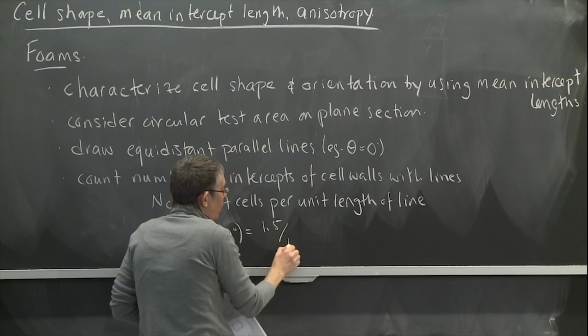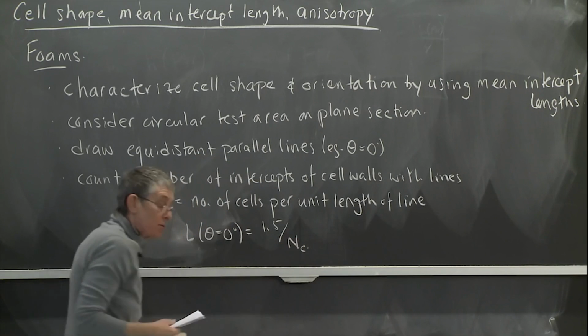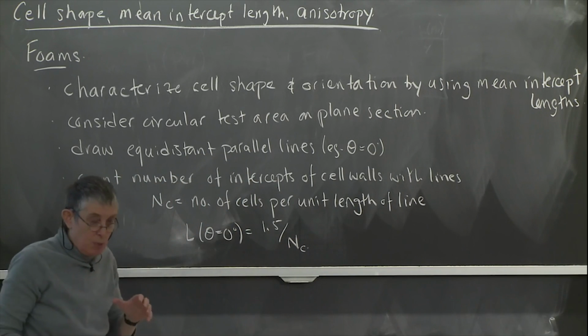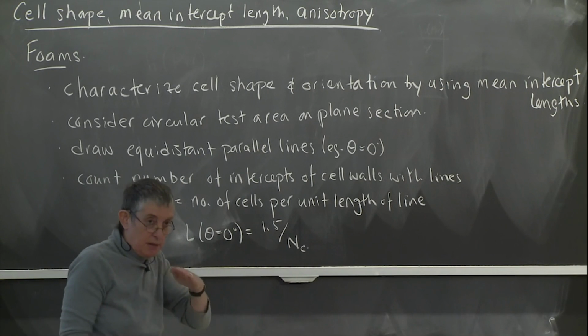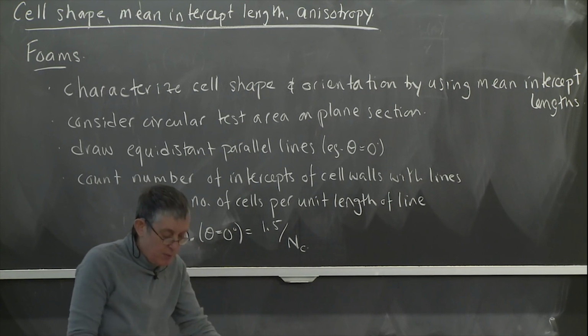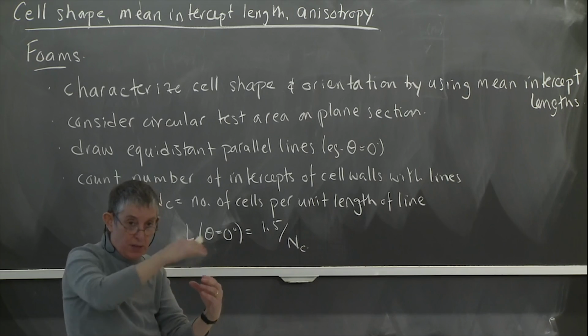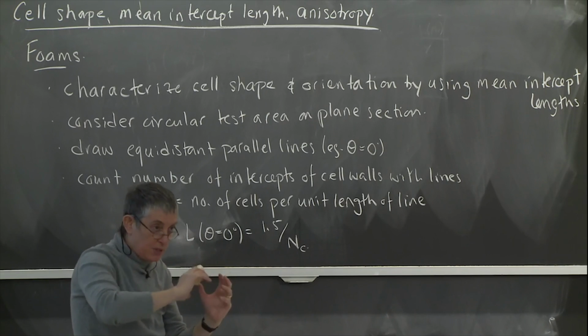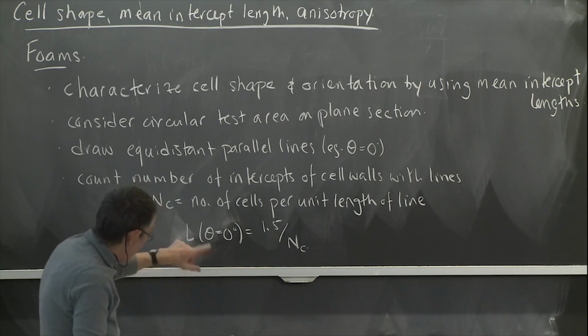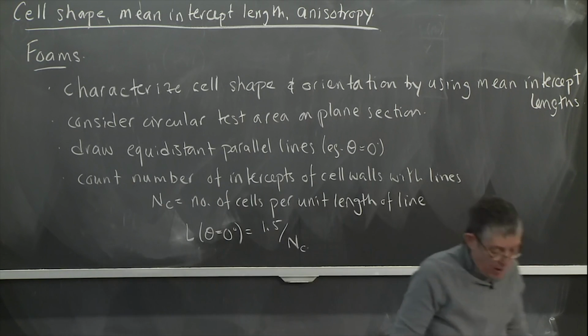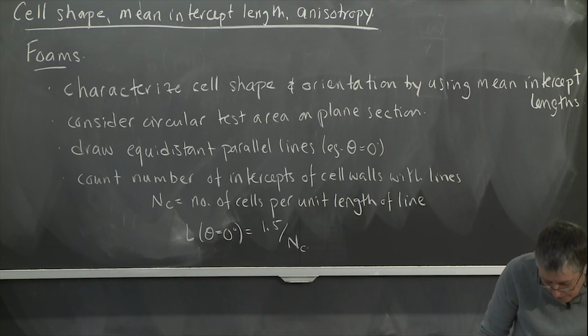It works out to 1.5 over NC. It's not just 1 over NC, because you may not be cutting the cell through its middle; you've got a 3-dimensional cell like this, and you're cutting it at different places along it. People have worked out the stereology of that, and there's a constant of 1.5 that fits in there.